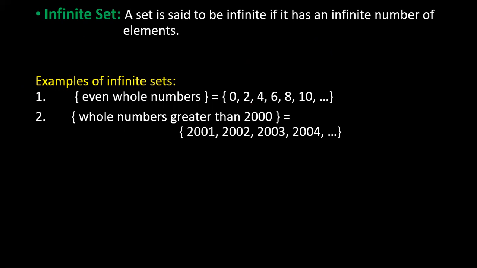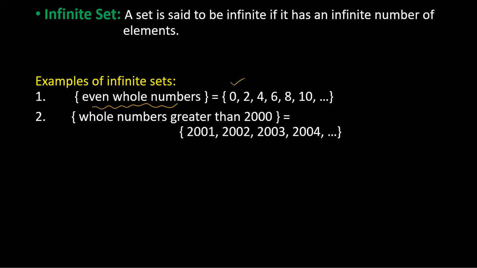Now about the infinite set. This is exactly opposite to the finite set. In this set, the number of elements is infinite. There are a lot of numbers in the set. We cannot say how many exactly there are. That is why this is an infinite set. Suppose even whole numbers.